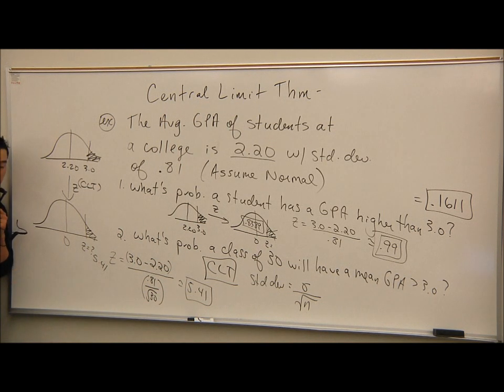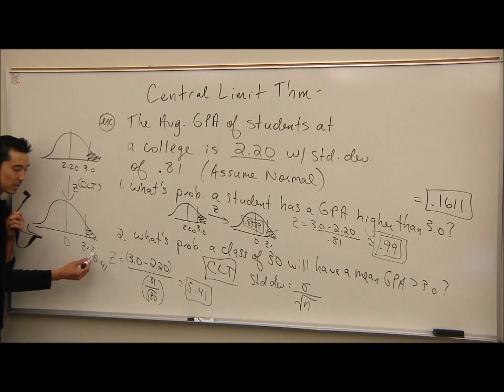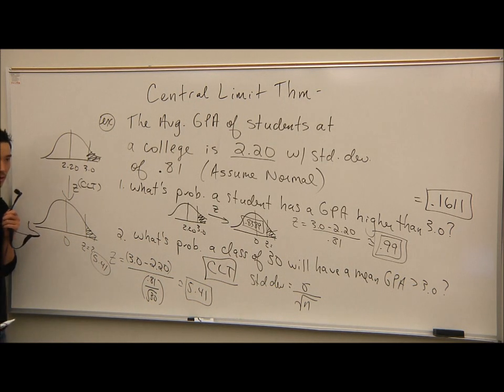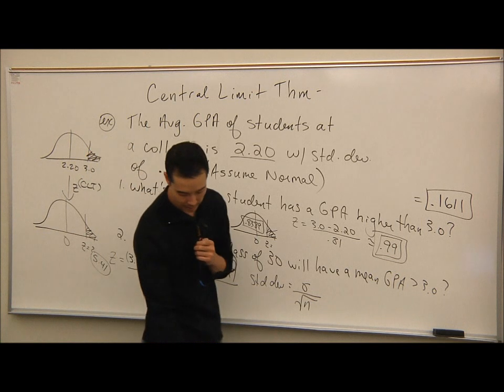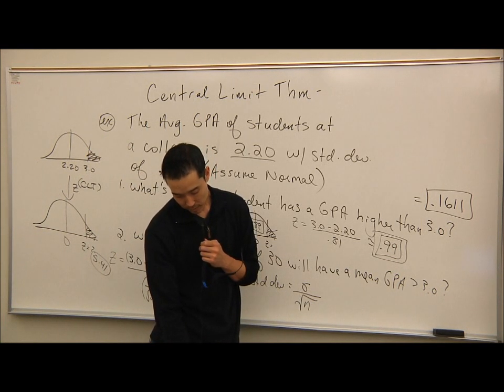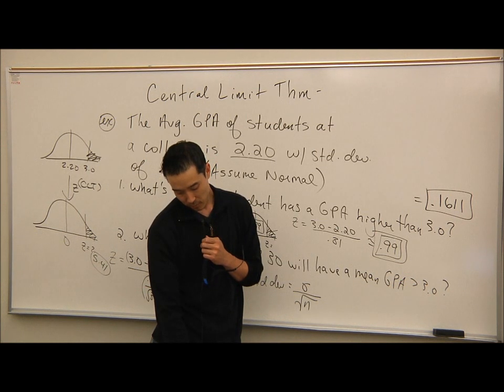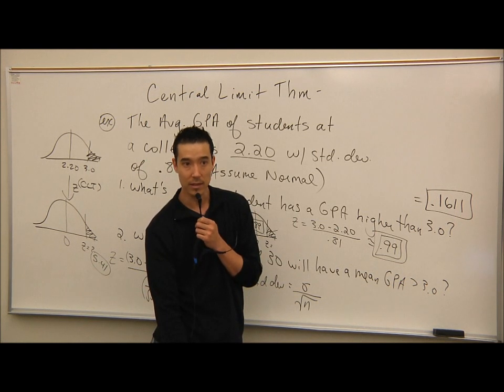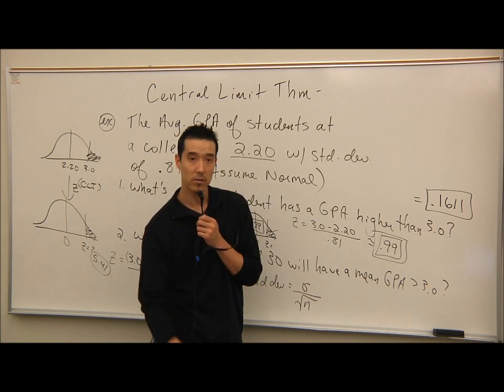Now, in fact, when I go to my book and I look at my table and I try to find the z-value of 5.41, what happens? It's not there. It's not there. And what does it say right under 3.4? What does it say? For z-values greater than 3.49, use 0.9999. Does everybody see that? So this z-value is so far to the right, it's off of the table here.